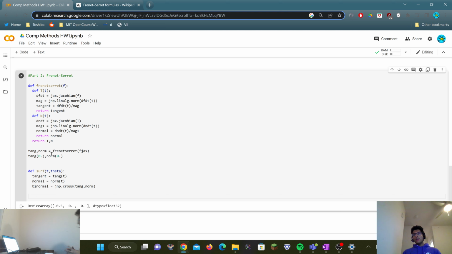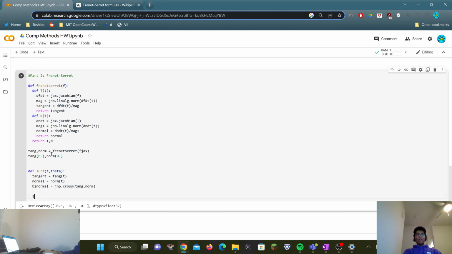The way you actually do that is through matrix multiplication. So we're going to do the same thing here, except our x and y are going to be the normal and the binormal.